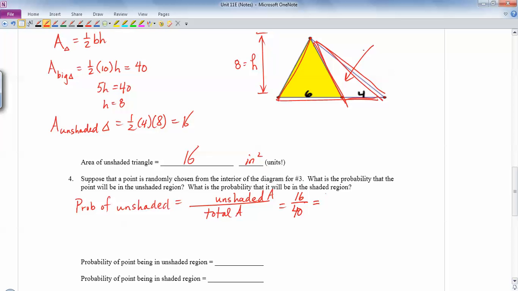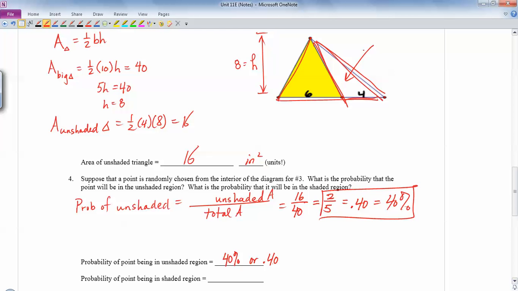So if you could say 16 to 40, you could reduce it. That turns into, they're both divisible by 2, 2/5. Or you could turn it into a decimal, 0.4. Or you could say 40%. I'd be okay with any of these answers right there. So we'll say 40% or 0.40.